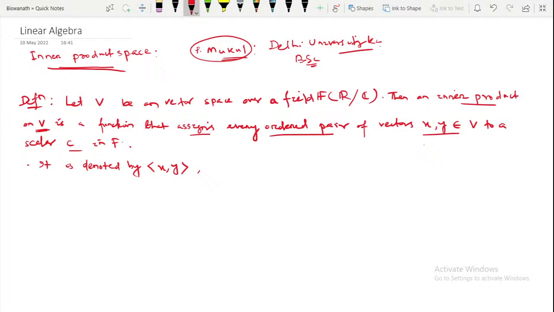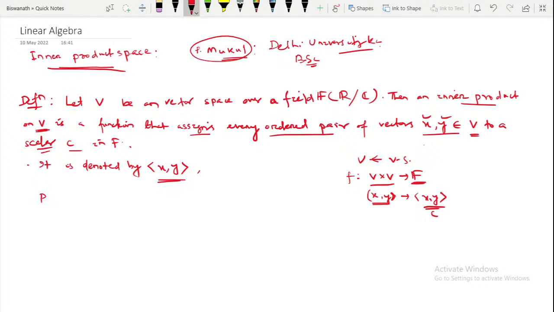You can say this is a function f from V cross V to F. That means in its domain, V cross V, you have to take two vectors x and y belonging to V, and the result is a scalar, that is C. Okay, this is just your inner product.